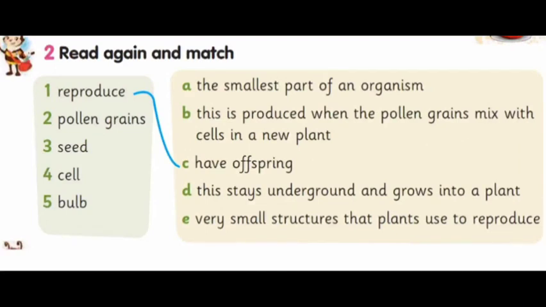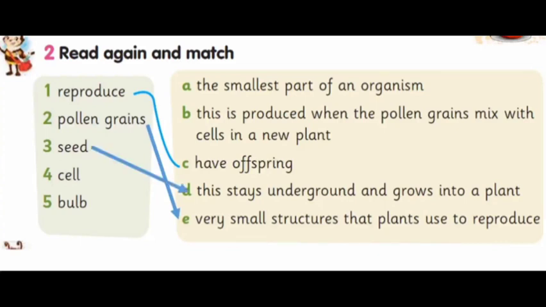Hello again. Let's check your answers. Number 1, reproduce. Yes, have offspring. Number 2, pollen grains. Yes, very small structures that plants use to reproduce. Number 3, seed.